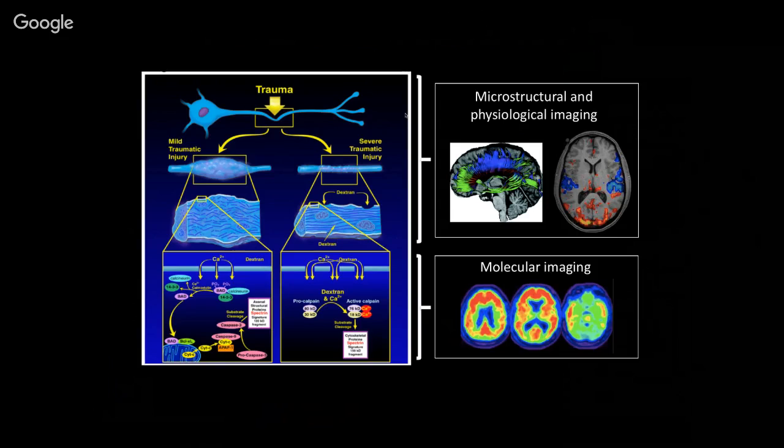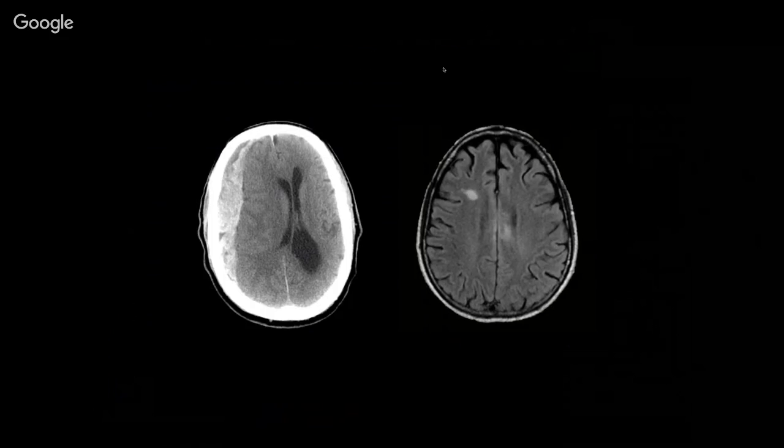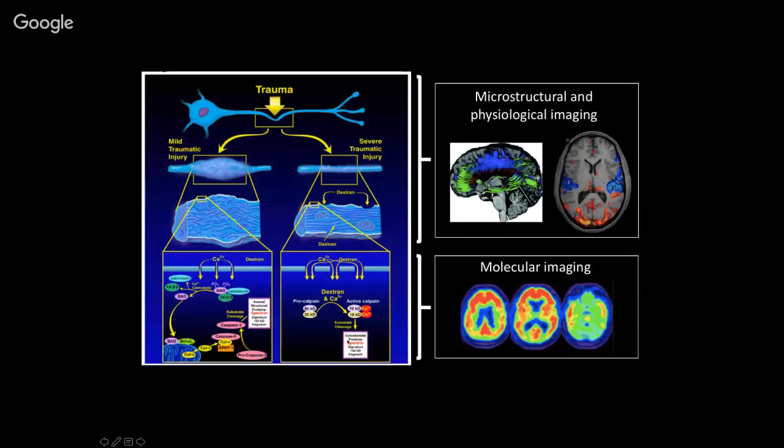There is a broad scale of things that have been identified from basic science and translational studies, but there has been a gap between what our clinical imaging tools have been able to identify and what we actually know is occurring within the brain. Some of these advanced imaging methodologies are allowing us to see and characterize things occurring within brains on a microstructural and physiological level, as well as a molecular imaging level.